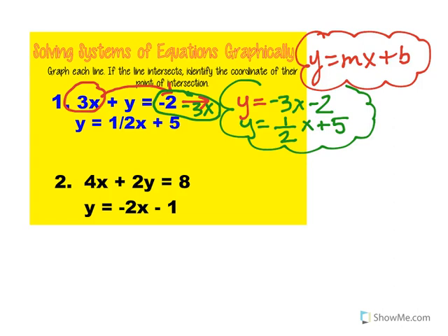So now I can take these two equations and graph them on the same graph to find out if they intersect. And if they do intersect, the point at which they intersect is going to be my solution.